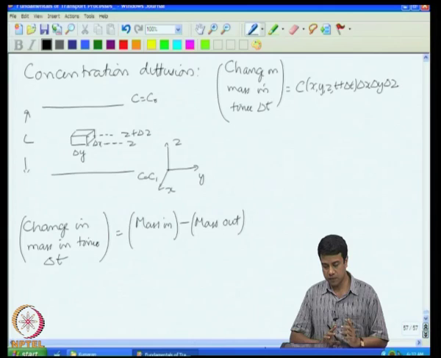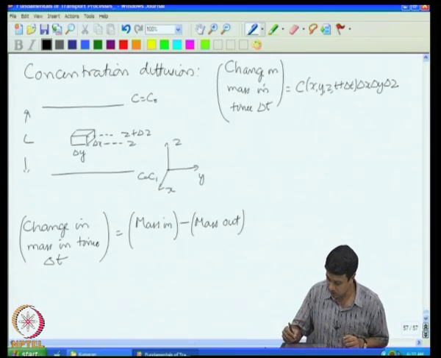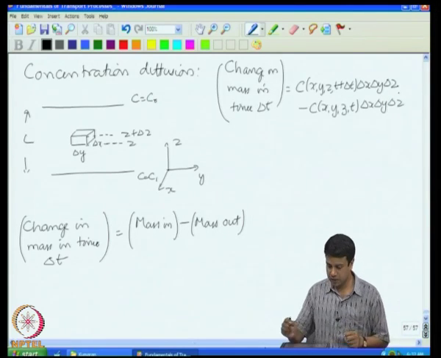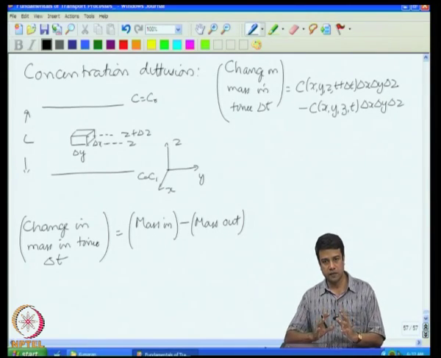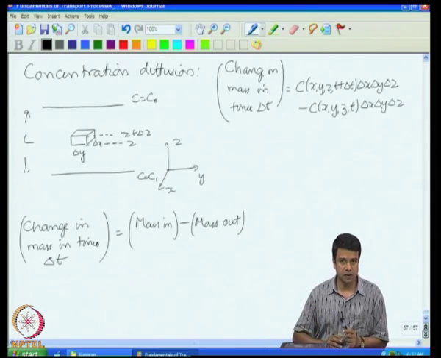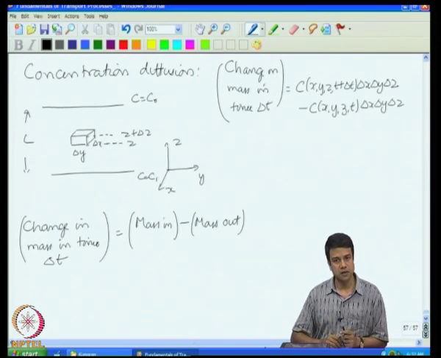Change in mass is equal to the mass at time t plus delta t minus the mass at time t. So, this minus the concentration at x, y, z, t times delta x, delta y, delta z. So, if I consider two time intervals separated by a small delta t, then the change in mass within the time interval has to be equal to the concentration times the volume at time t plus delta t minus the concentration times the volume at time t. What about the mass in and the mass out?